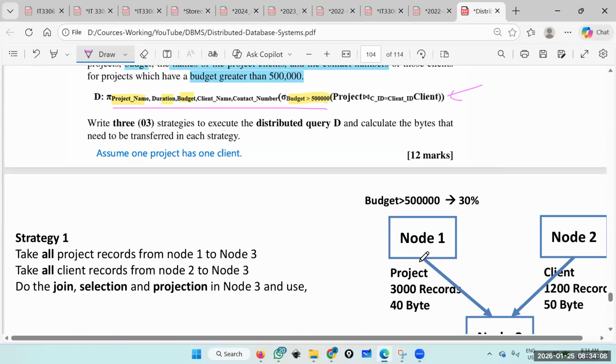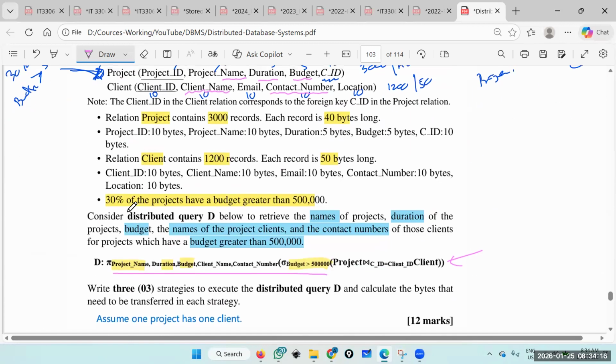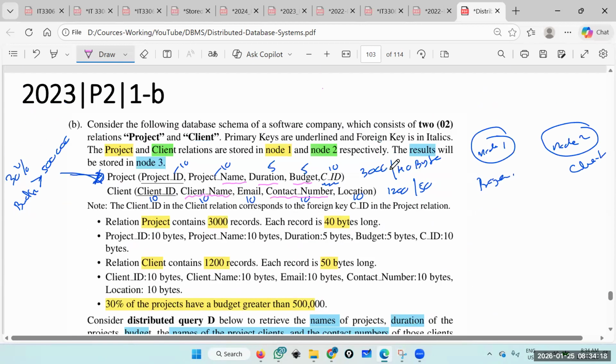Now we have three approaches. So let's take node 1 details here, node 2 details here, and then do the processing. So from node 1 we need to transfer 3,000 into 40 and 1,200 into 50 bytes. That is the total transfer, because we are taking those to the site, node 3.